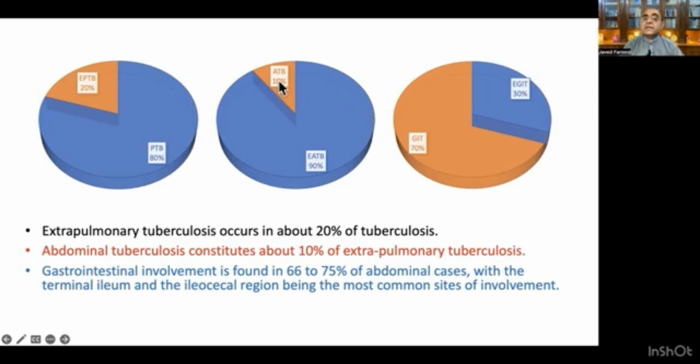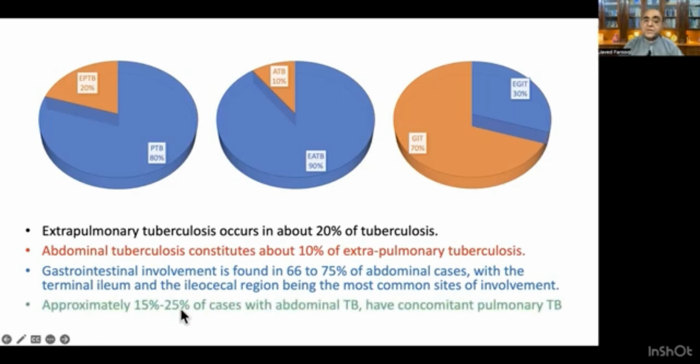Then in abdominal tuberculosis, 70% are GIT involvement and 30% are non-GIT involvement. And in the GIT involvement, the terminal ileum and ileocecal region are the most common sites of involvement.